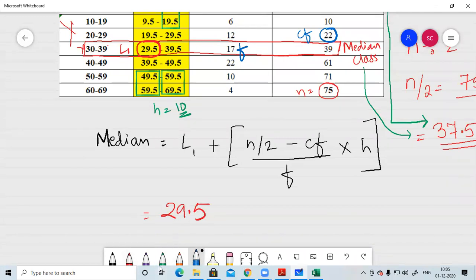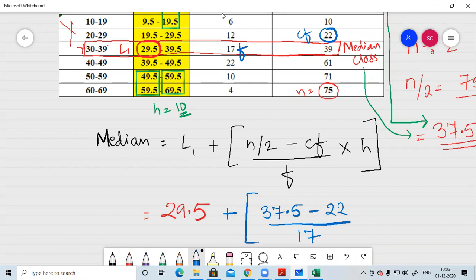I'll intentionally use another color for that, so you keep track of that. Plus n by 2 is 37.5 minus CF, the cumulative frequency preceding the median class, which is 22, divided by F, the frequency of the median class, which is 17, multiplied by height of a class, which is 10.